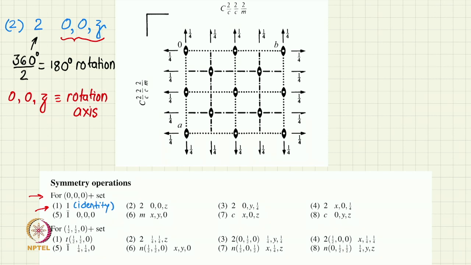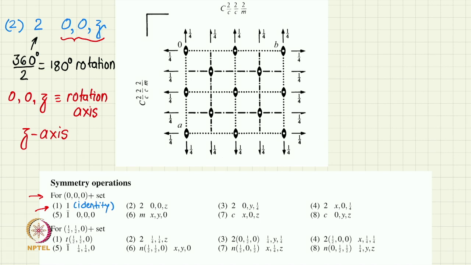You can see that two of the coordinates are 0, meaning x is 0 and y is 0, and z is left as a variable. So, all points for which x is 0 and y is 0, but z can take any value, form the rotation axis, which means this itself is the z axis.